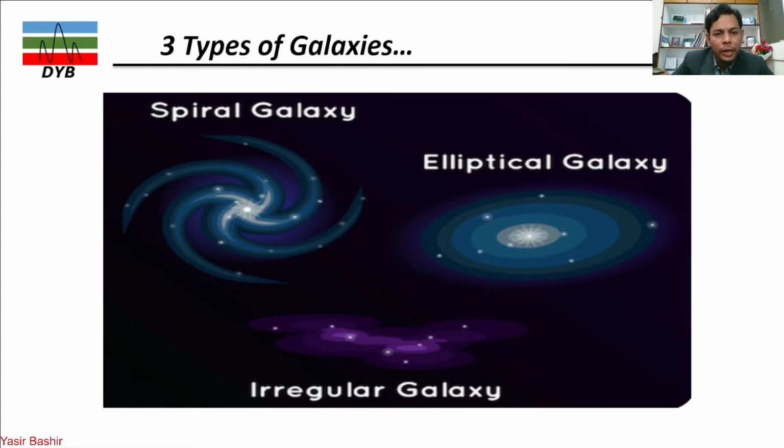The second type is the elliptical galaxy, which looks like this. And the third type is the irregular galaxy. There are millions and billions of galaxies in this universe, and our galaxy is a spiral galaxy.